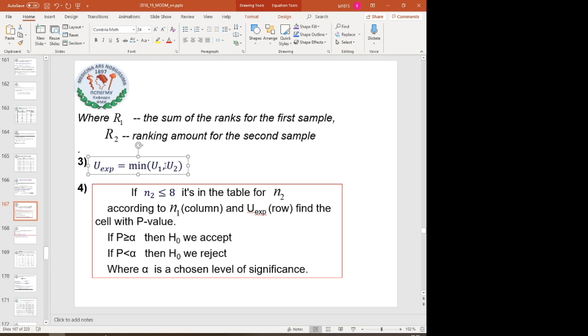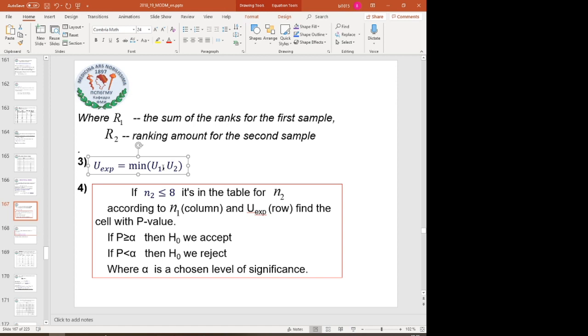So this minimum is smaller than when our ranks are mixed in our samples. For example, the first sample has ranks 1, 2, then 5, 6, 7, then 11, and the second sample has 3, 4, then 8, 9, and 10.